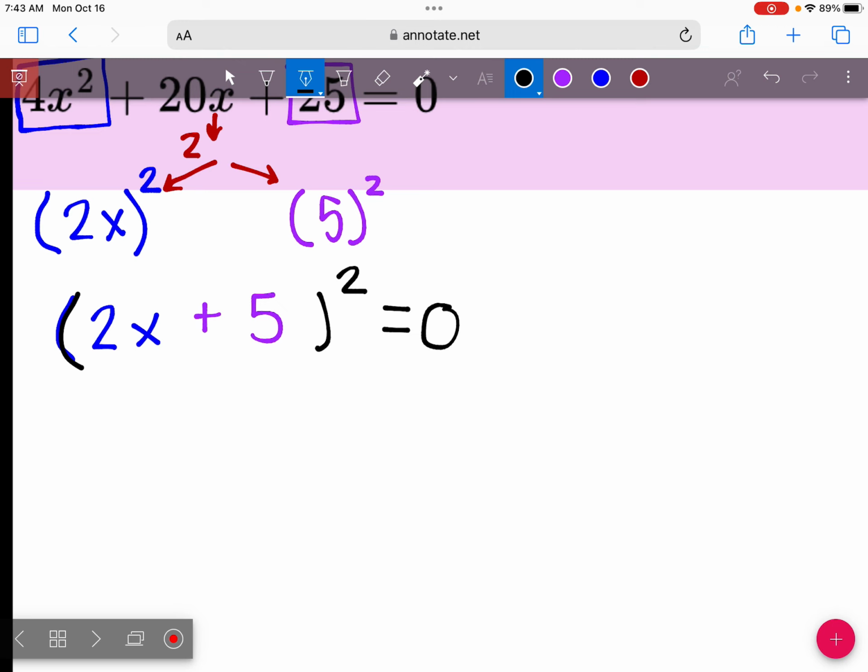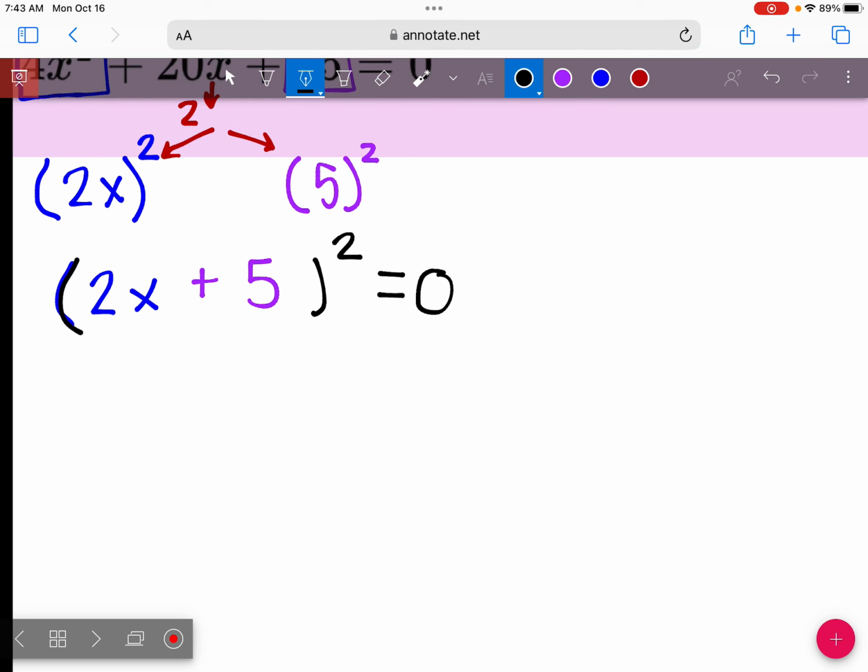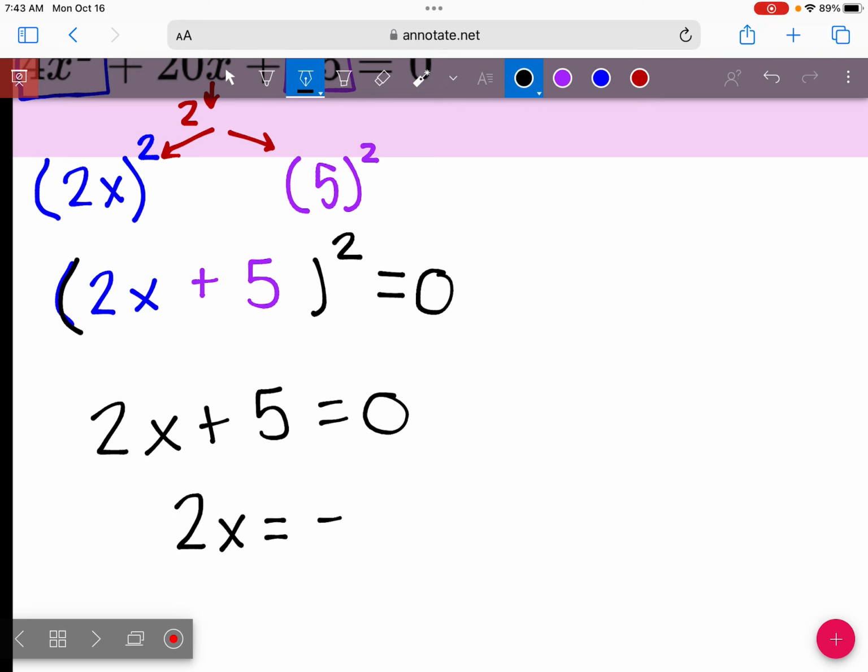It will still work. This is a shortcut. Because now we're going to solve this. I want to find my solution. We want to know, when does 2x plus 5 actually equal 0? So we're going to start with subtracting 5 from both sides to get that 2x equals negative 5.